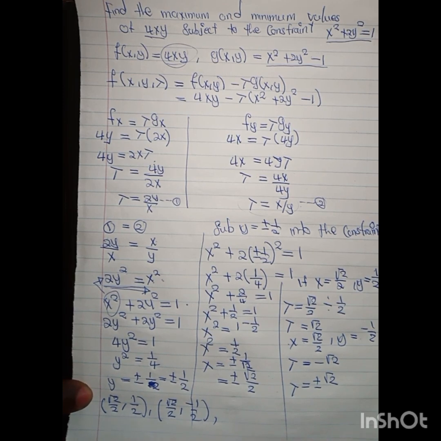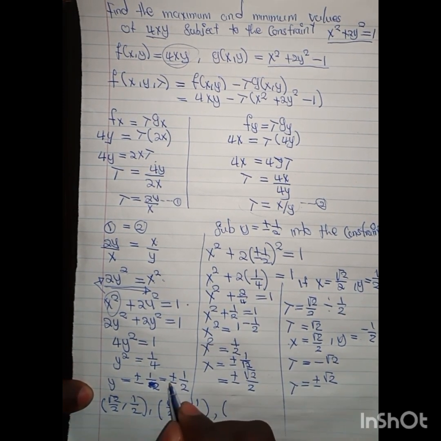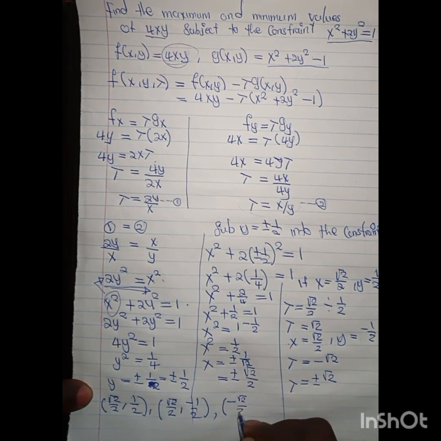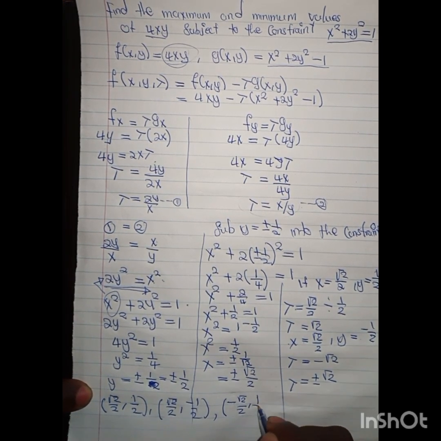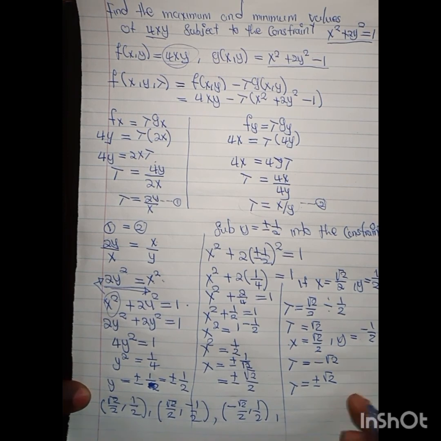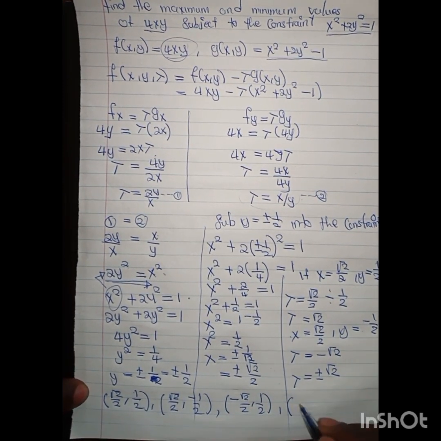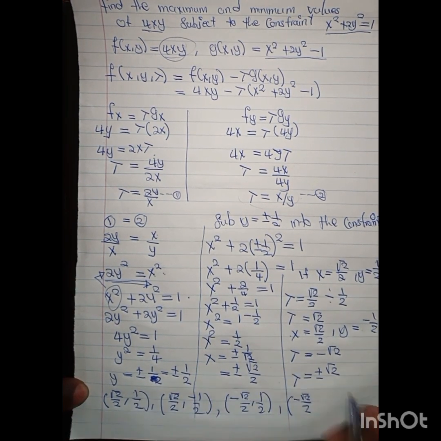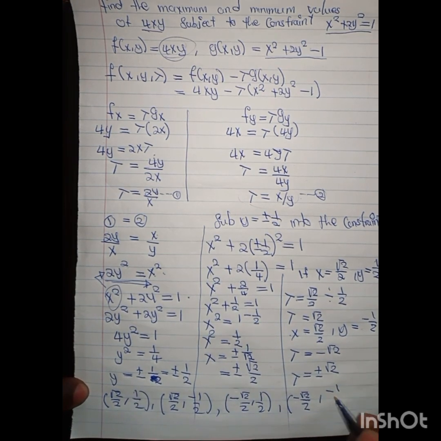The third point, when x is negative root 2 over 2, y can be positive half. And then the last point that we have is when x is negative root 2 over 2, y can also be negative 1 over 2.